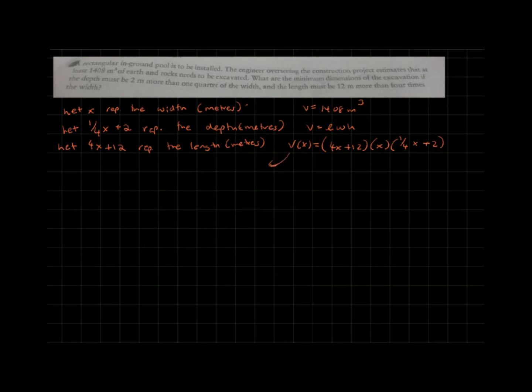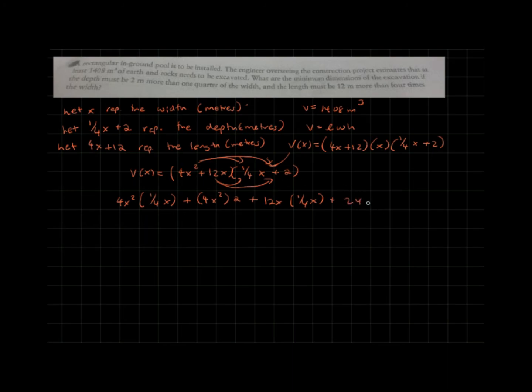What I want to do here is expand this out. So v of x is equal to 4x squared plus 12x times 1/4 x plus 2. When you expand this, you get 4x squared times 1/4 x plus 4x squared times 2 plus 12x times 1/4 x plus 24x.